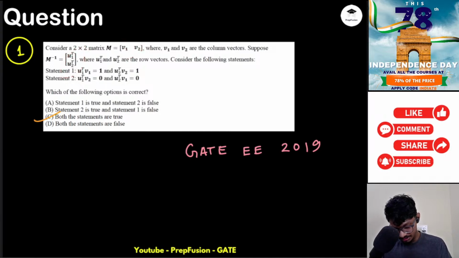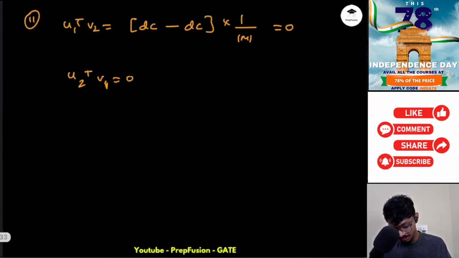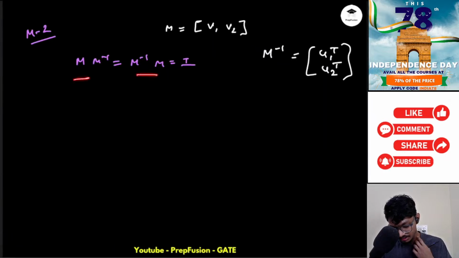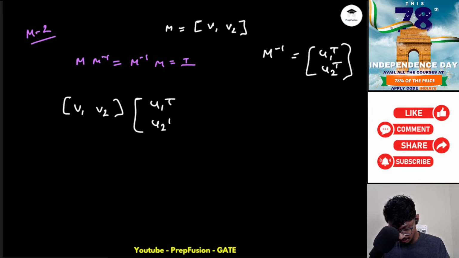So I will just do this multiplication, and which multiplication shall I choose? If I choose M as v1, v2 and then u1 transpose, u2 transpose, should I do this or do the other one? Both will do the same thing, but which one should I choose? That you have to tell me.